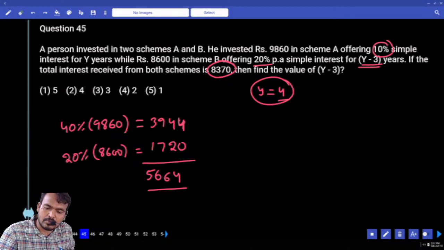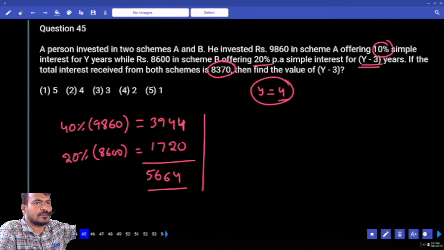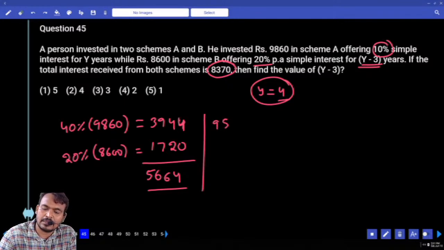Suppose we add one more year, meaning Y value is 5 years. One more year is added, means the first one adds 10% and the second one adds 20%. What is the 10% of the first one? 986.